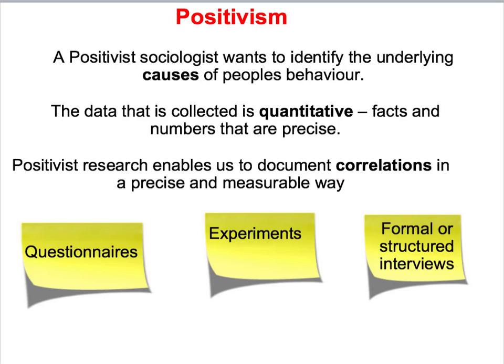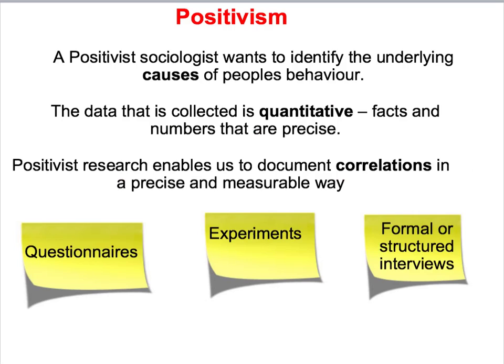So just as plant growth is affected by things like soil type and water and sunshine, social things such as suicide rates, from a positivist perspective, are affected by whether or not groups are married or divorced, whether they live in rural or urban areas, whether they're religious or not.